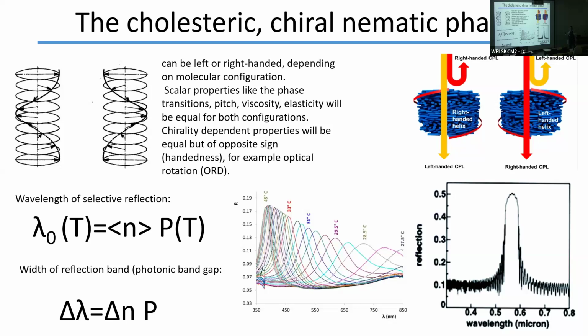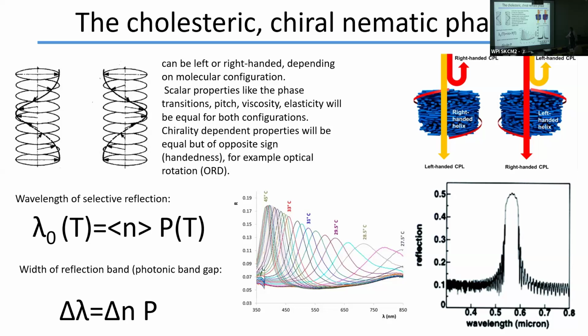But if we put linearly polarized light onto a helical structure, linearly polarized light is the superposition of left and right-handed light. One of the handednesses of the light will be reflected, the other one will go through. So we can have a maximum of 50% of the light being reflected. And this is actually shown here.